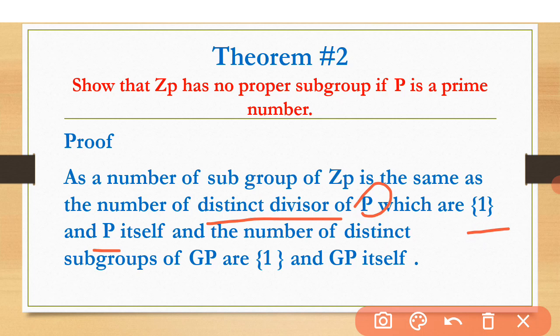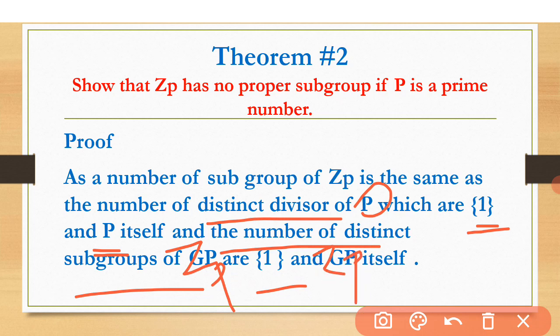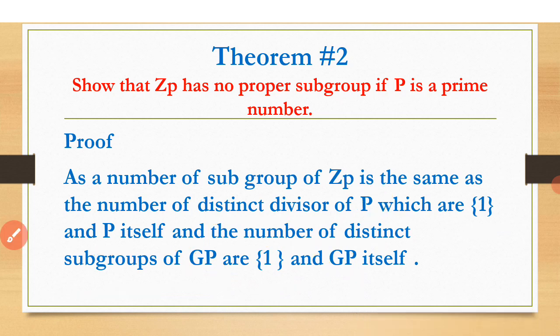So the distinct divisors of p are 1 and p itself, and the subgroups of Z_p are the identity alone and Z_p itself only. No other subgroup it contains.